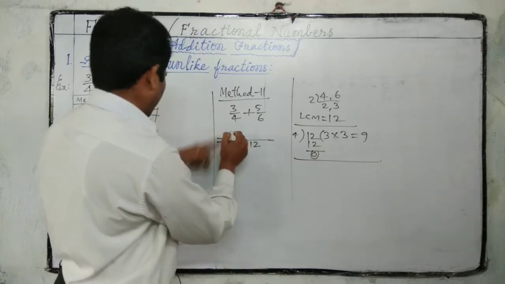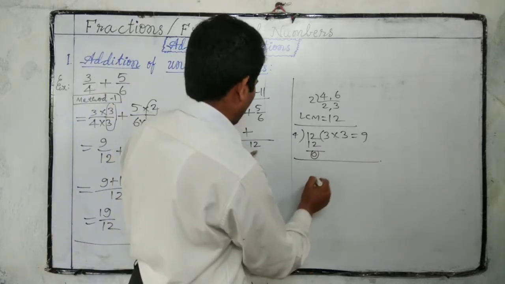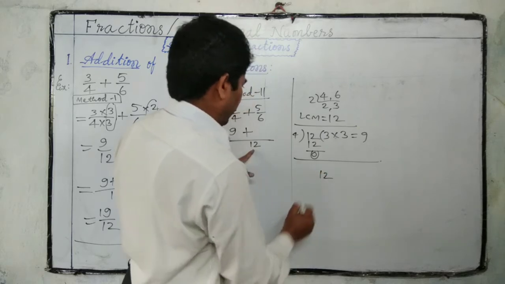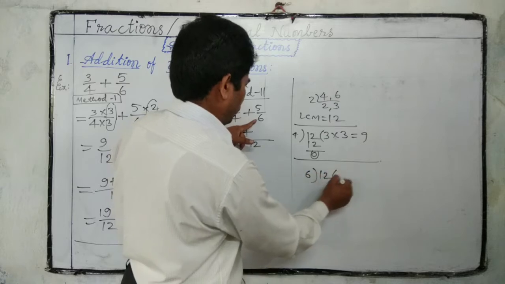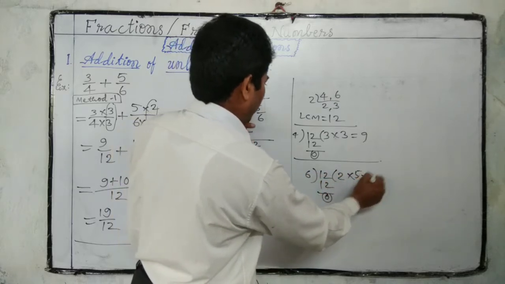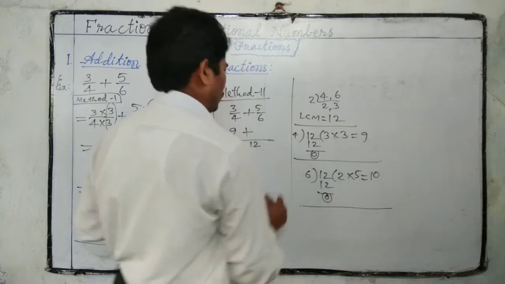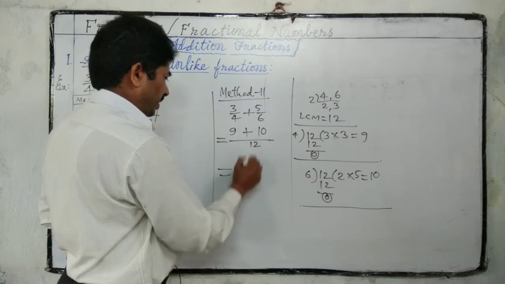So we have to write 9 here. Again, divide this denominator with the second fraction. 6 2s are 12, 2 5s are 10. So 10 here. We have to write 19 by 12.